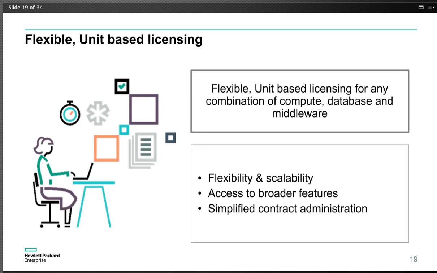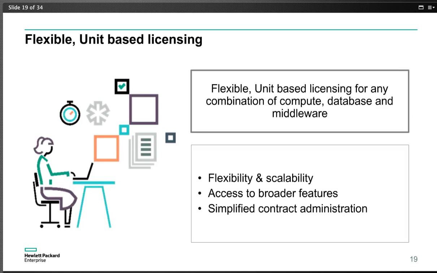The goal for us is to make sure that we are not forcing a certain ratio of entitlement, where every license that you're entitled to from HPE gets used either for servers or a certain number of databases or middleware.